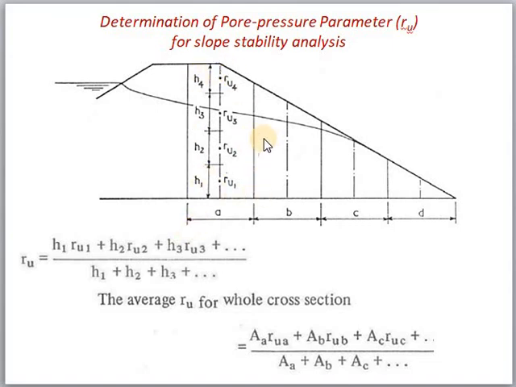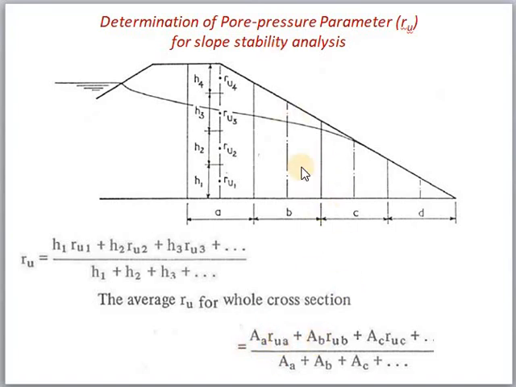Similarly, you find the RU values for all the slices. That is for A, B, C, and D. Then finally, you take the average RU for this entire cross section as you have the area for this particular slice AA and multiply by the RUA. RUA you have already found for this particular slice. So add all the multiply AA into RUA.